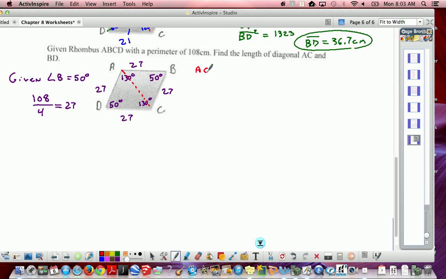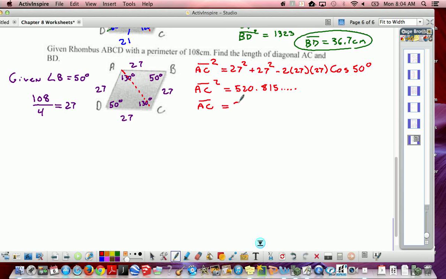So AC squared equals 27 squared plus 27 squared minus 2 times 27 times 27 times cosine of 50 degrees. So if I plug that into my calculator, AC squared is going to equal 520.815... So AC is going to equal about 22.8 centimeters.